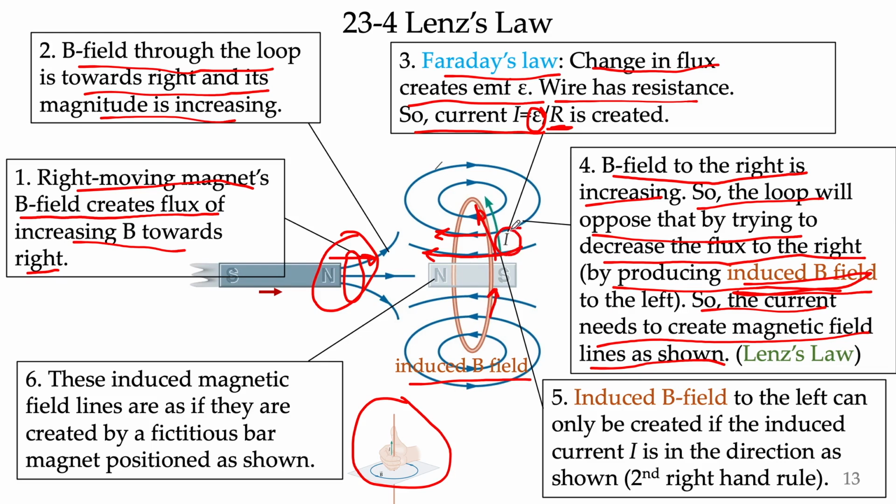Point your thumb in this direction and wrap the wire here, and you're going to see that your fingers curl inside the loop to the left. So that's going to be the induced magnetic field.